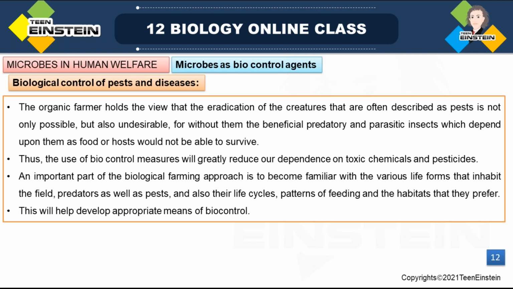Okay. So in biological farming, the most important thing is that we need to have a clear idea, and be familiar with the different life forms which are present in the field.